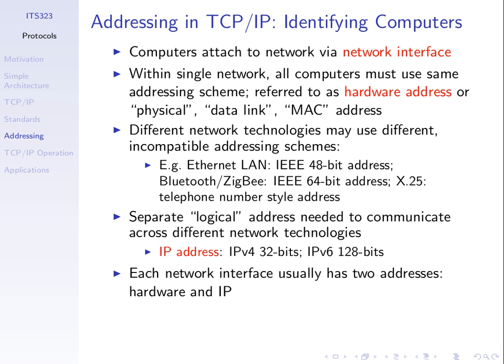And it knows nothing about the address structure used by network B. So it doesn't in fact know that this computer has address B3. What we do is we have a second address, an address associated with the internet protocol, called a logical address, or sometimes a network address, or specifically an IP address.